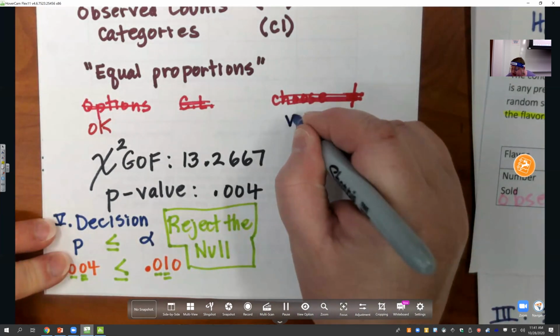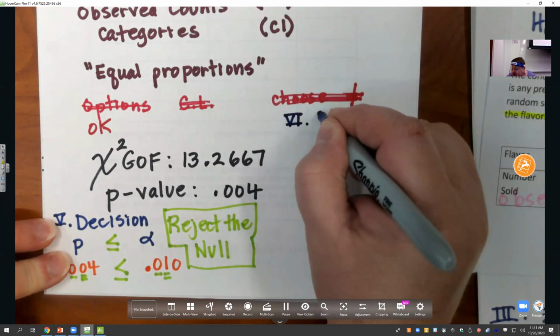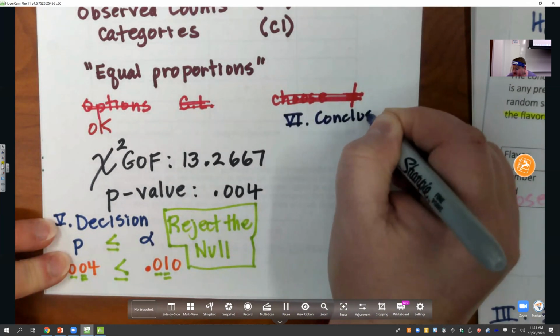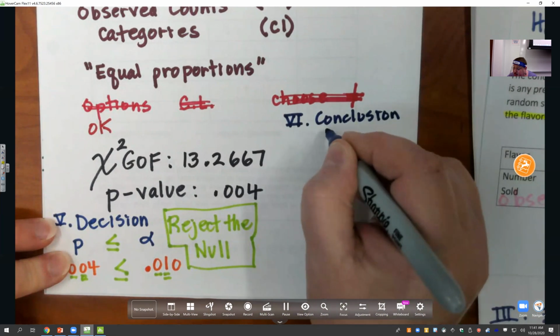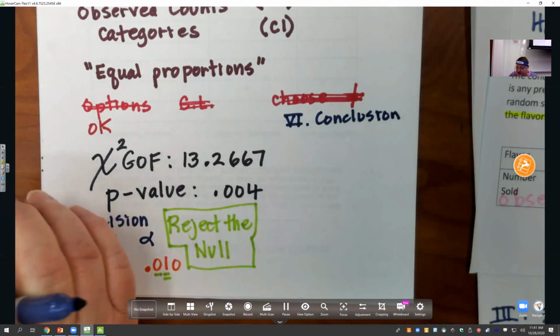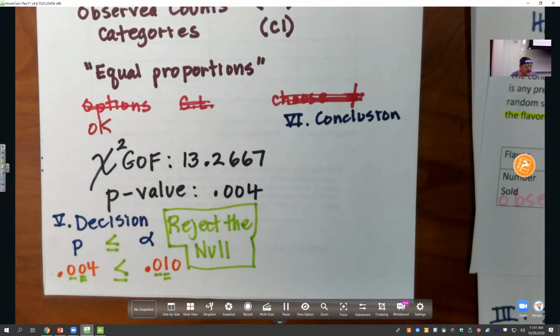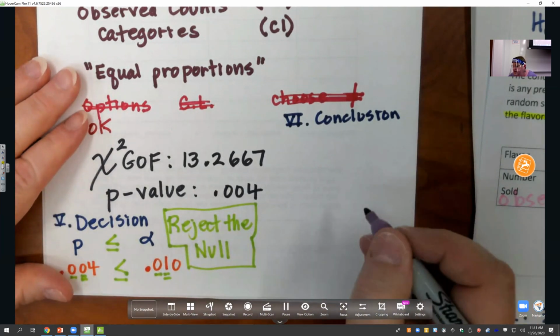The last step, remember, is to write your conclusion. And your conclusion is always written in terms of the null hypothesis, and it includes your level of significance.